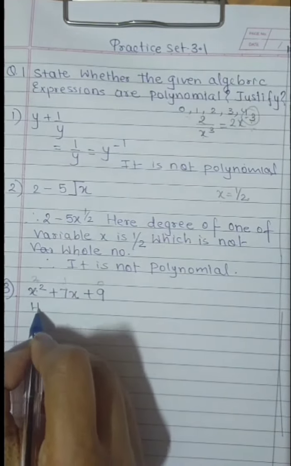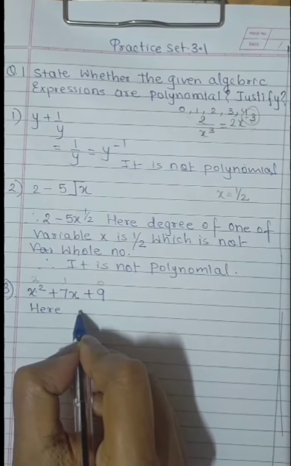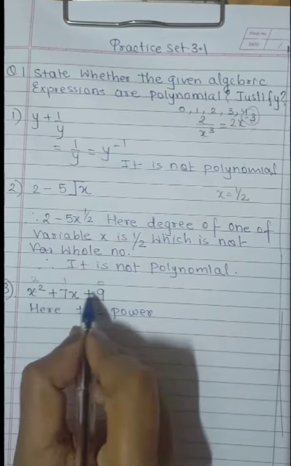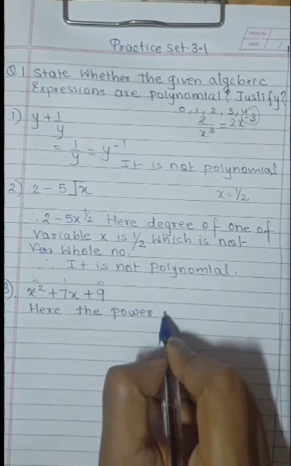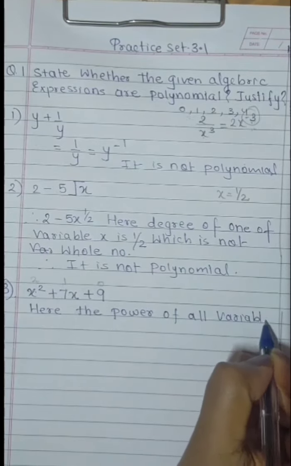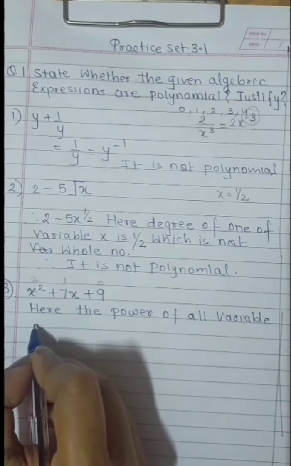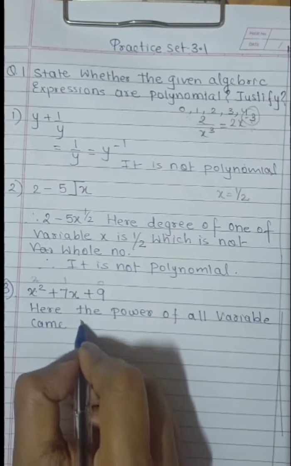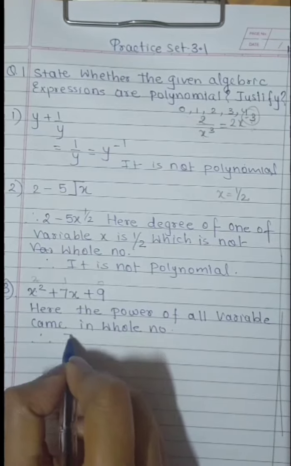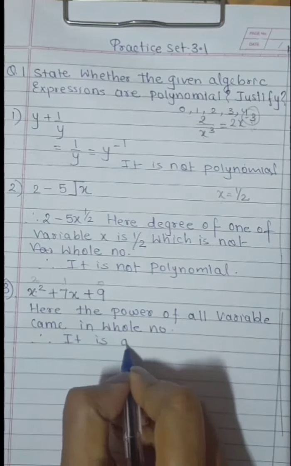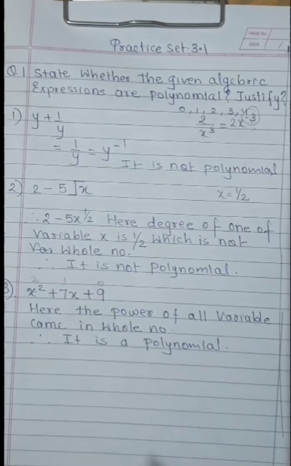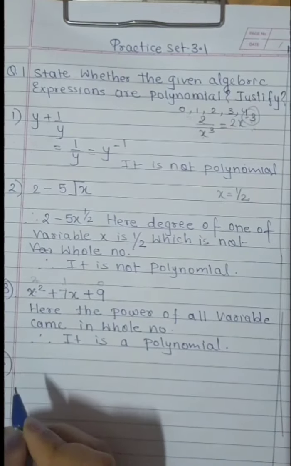So the power of all variables comes in whole numbers. So therefore it is a polynomial.